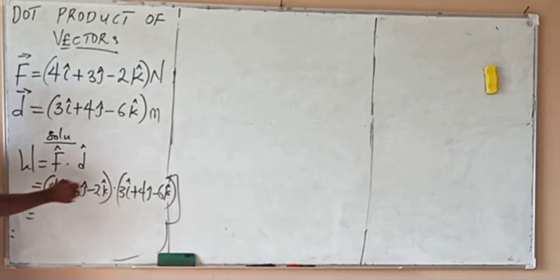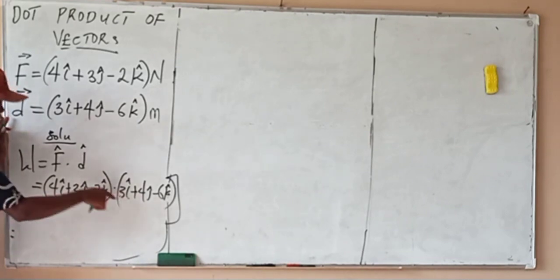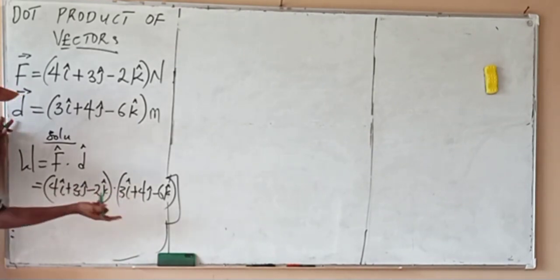Again, you dot i with i, j with j, k with k, so we multiply only the coefficients.